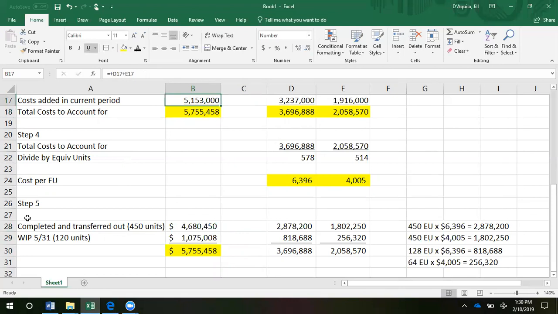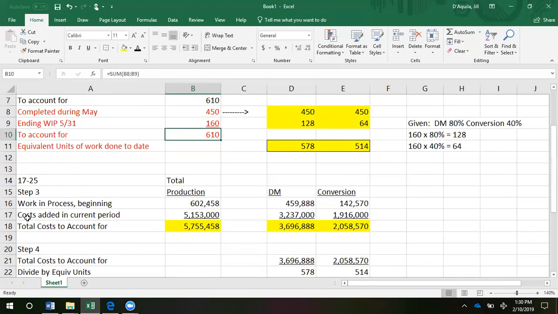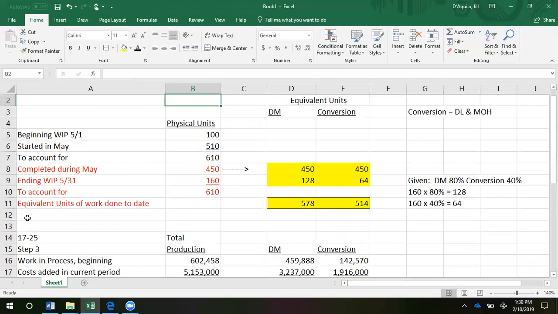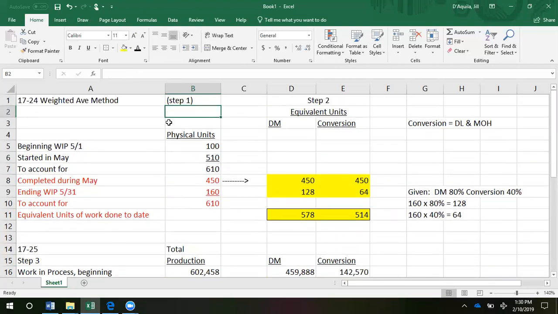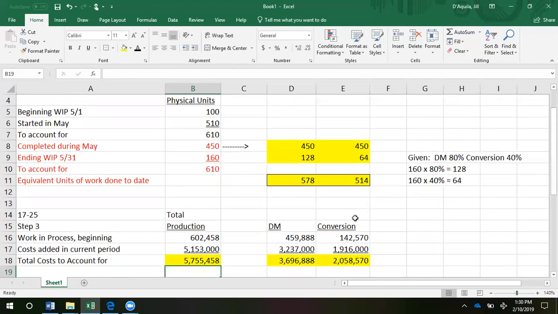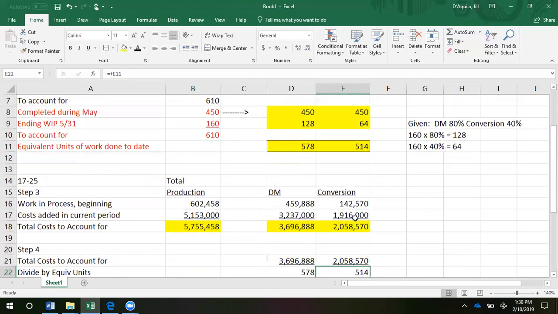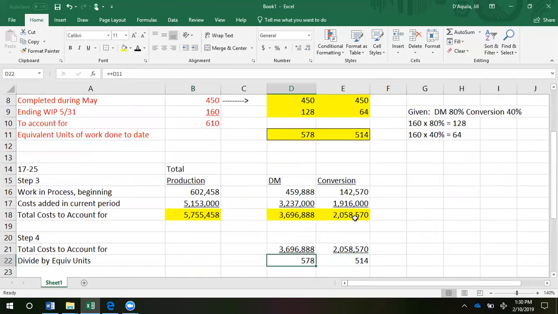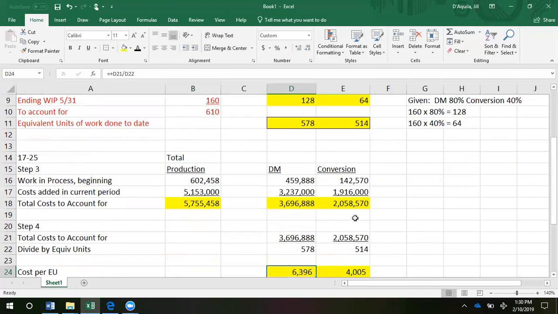So just to do a quick recap of the whole thing. Step 1 was to deal with your physical units. Step 2 was to figure out equivalent units. Step 3 was to figure out your total cost to account for in terms of material and in terms of conversion. Step 4 was to figure out cost per equivalent unit.